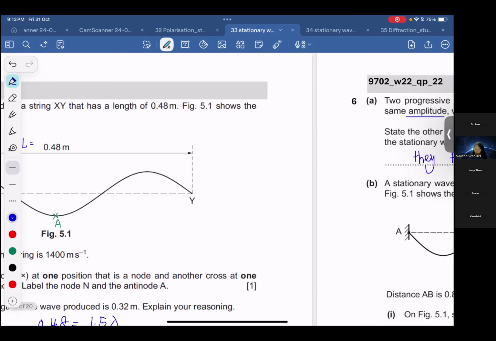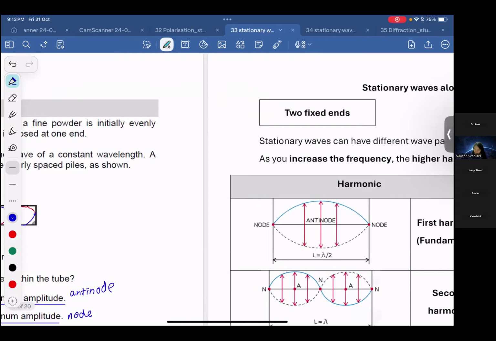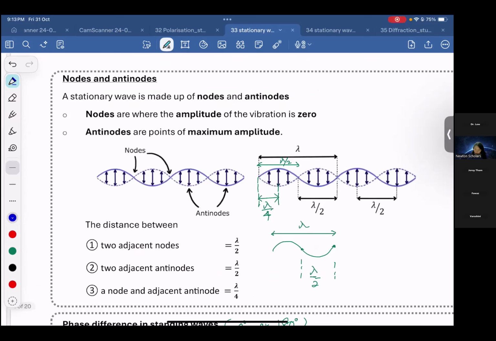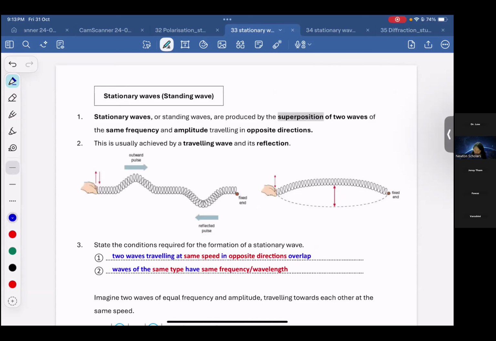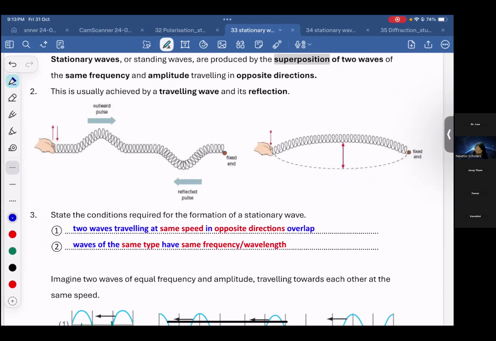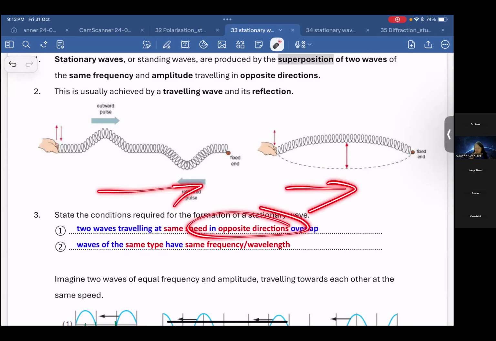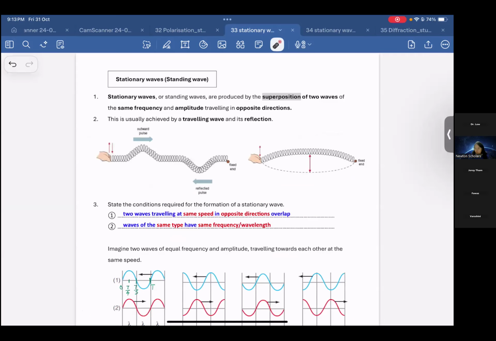We come back to our notes, let us have a look. See? Travel in the opposite direction. Same speed, same type, same frequency. If they are in the same direction, you never get superposition like this.